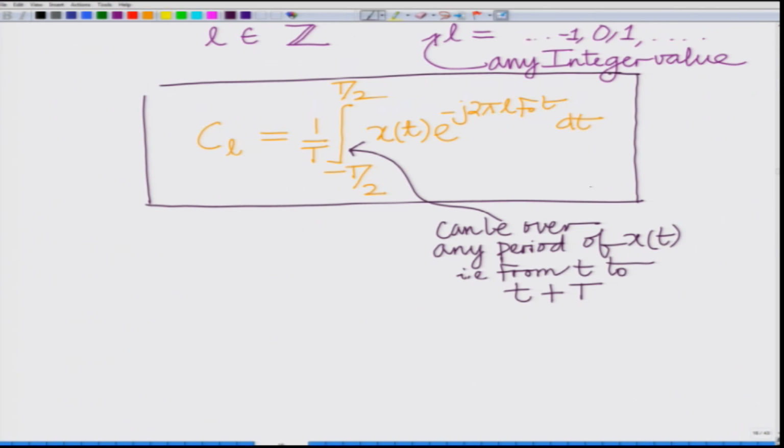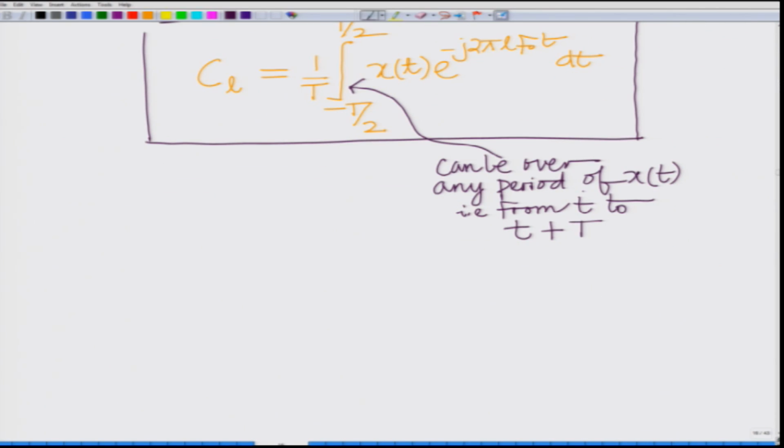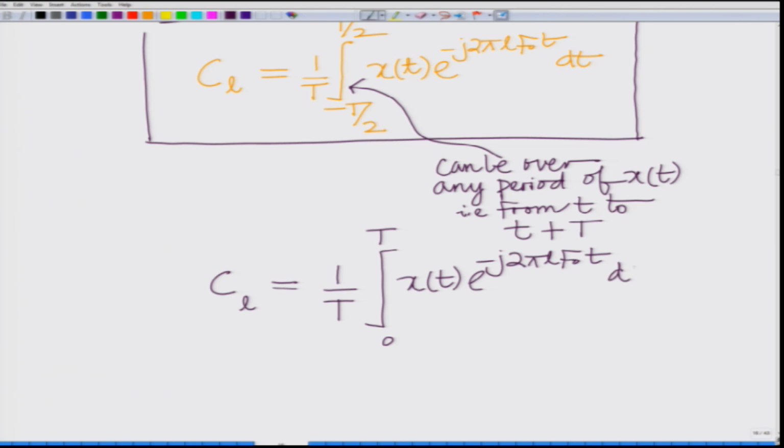Okay. And now what we are going to do is derive this for our particular signal. So, we have C_L; let us carry out the integral from 0 to capital T. As I said, it can be carried out over any period: 0 to T of x(t) e to the power of minus j 2 pi L f naught t.